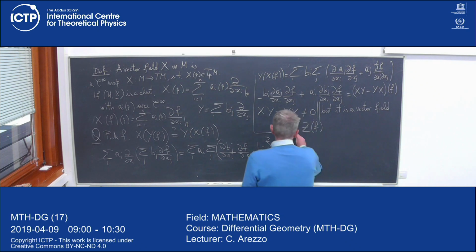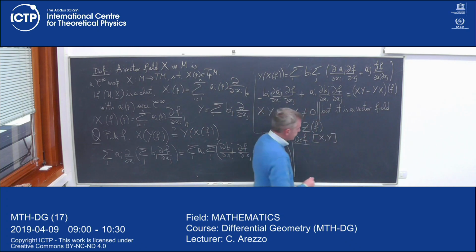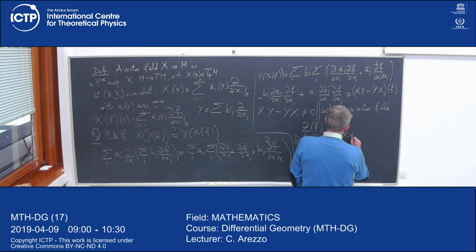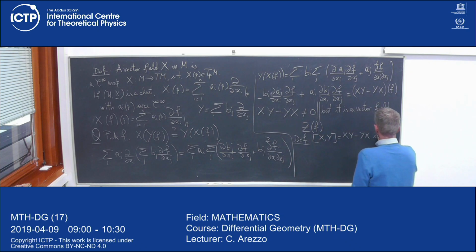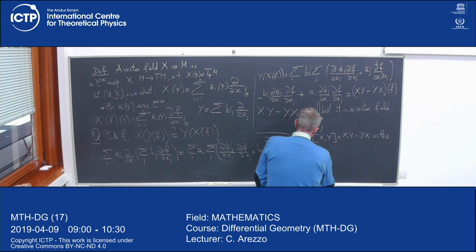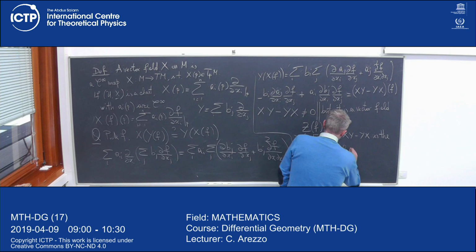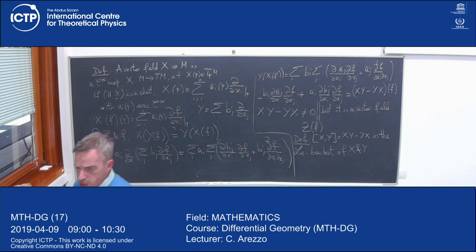So, definition. And you denote it by this. Given two vector fields, I produce a machine which gives me another vector field.